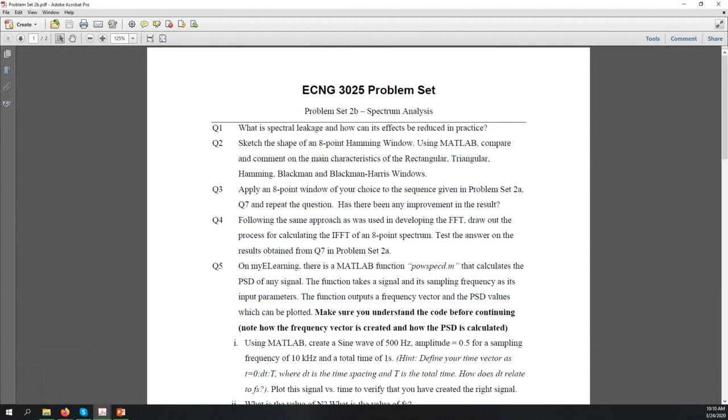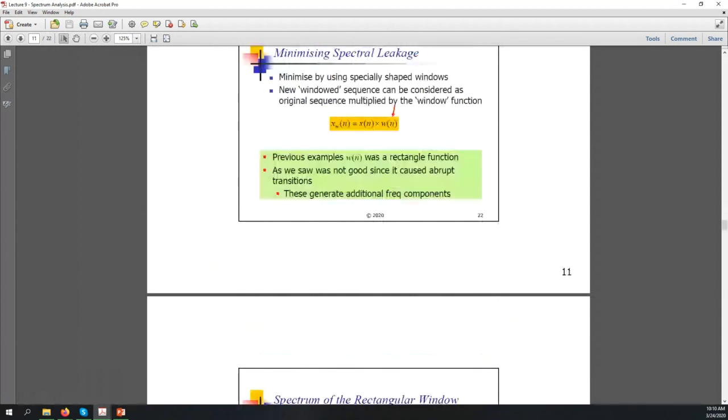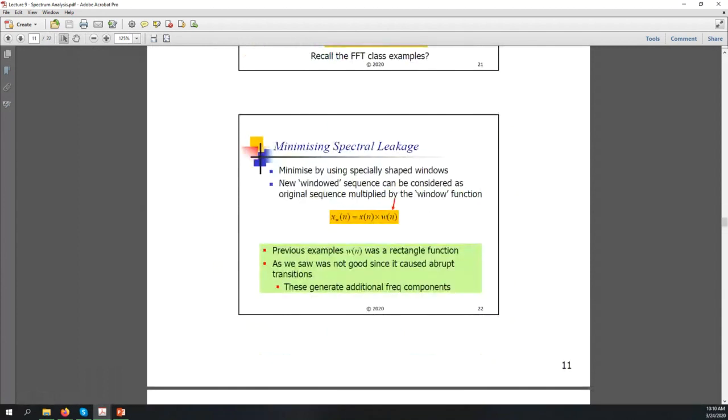And to reduce it in practice, you tend to use windowing functions to minimize spectral leakage. One thing to note is that even though you use a windowing function, it will never eliminate spectral leakage, it can only mitigate it.